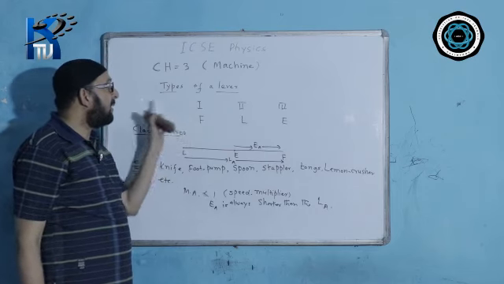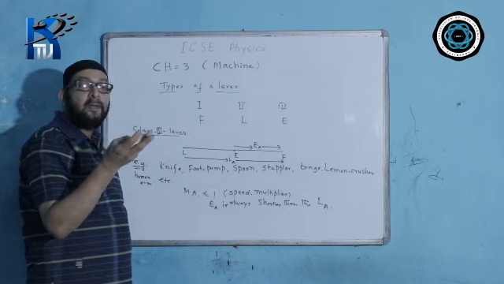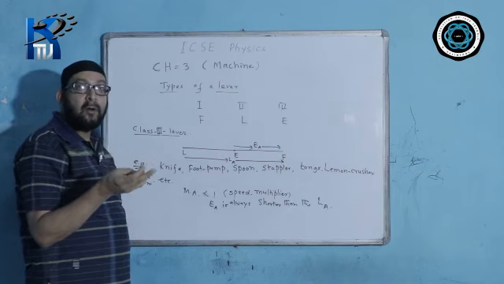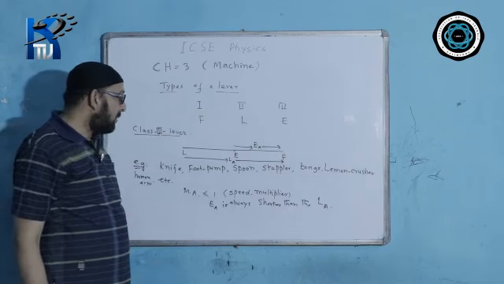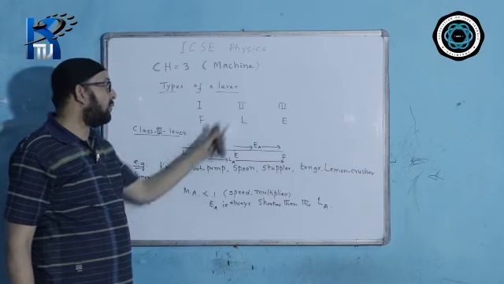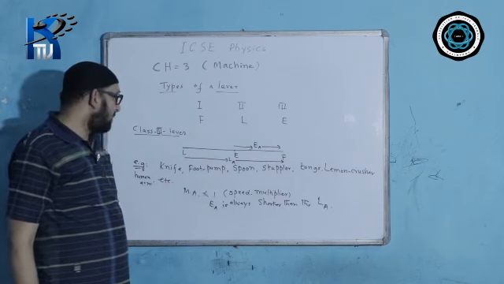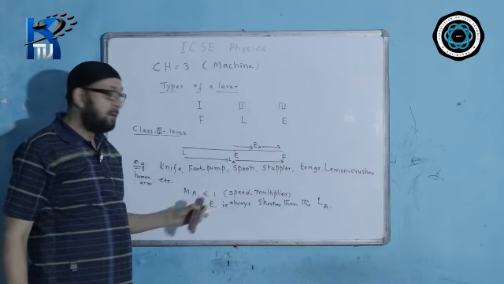So we have 3 classes of levers. If a question comes, which class of lever can have mechanical advantage equal to 1, less than 1, or even more than 1? The answer is class 1 lever. Which class of lever has mechanical advantage always greater than 1? We say class 2 lever. And which has mechanical advantage always less than 1? We say class 3 lever.